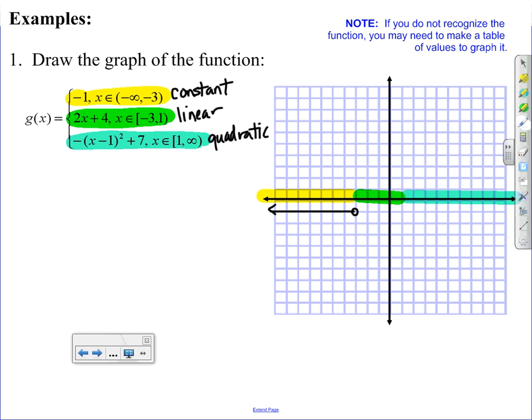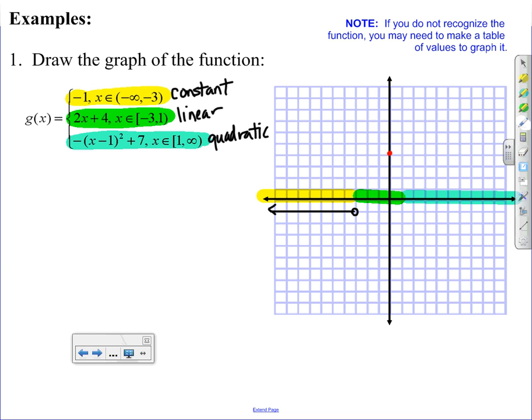It turns into, at -3, a linear function, which has a slope of 2 and a y-intercept of 4. So I'm going to go ahead and put the y-intercept at 4. And if the slope's 2, I would go up 2 and over 1.